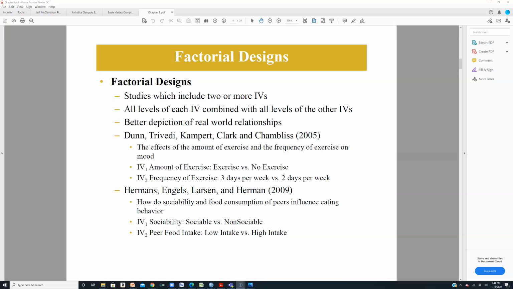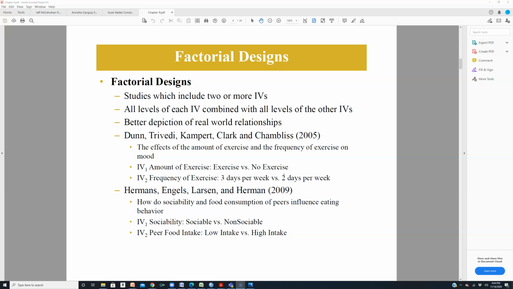So one IV can have 2 levels or 2 conditions, and the other IV or factor can have 3 conditions or 3 levels. In a factorial design, all levels of each independent variable are combined with all the levels of the other independent variable. So we're looking at the relationship between those 2 factors.